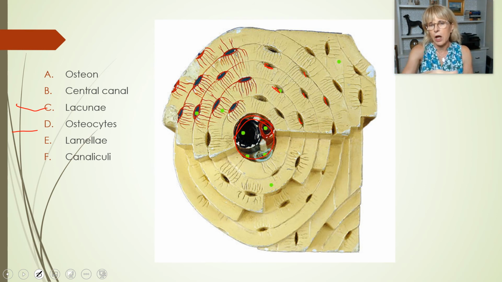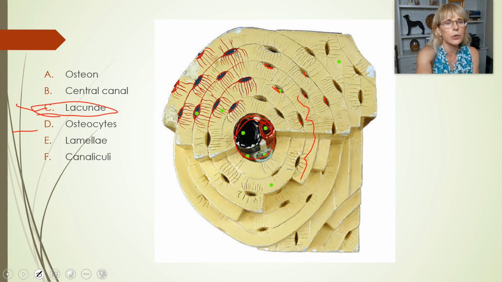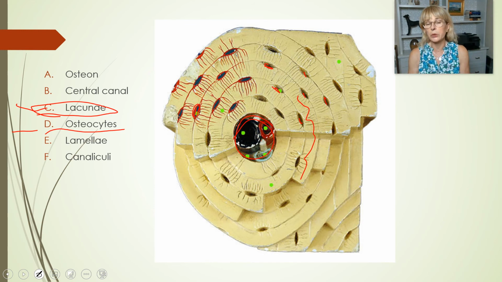But what remains is all of this stuff depicted here in this kind of beige color. So there are holes in that hard bone stuff, and the holes are called lacunae. Lacunae are the little caves that the osteocytes live in. The osteocytes are depicted here as red with blue nuclei. That's an osteocyte. Where does it live? It lives in one of these lacunae.